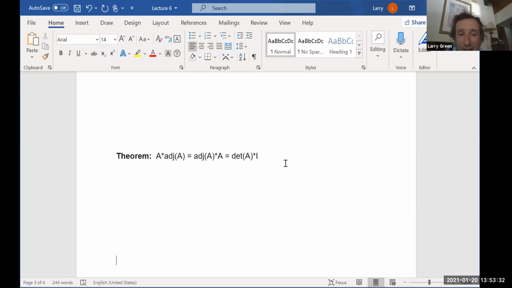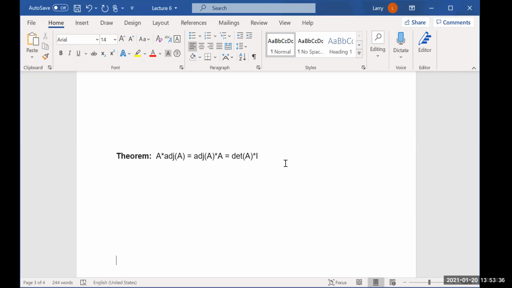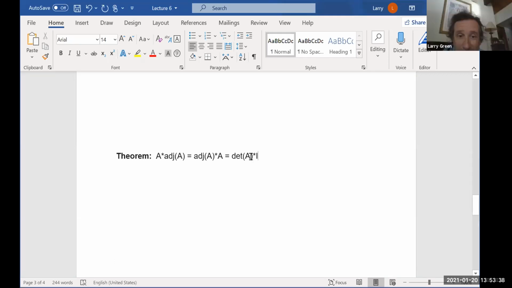On the right-hand side, if you divide by the determinant of A, you get I, right? Because we have determinant of A times I. If you divide that by the determinant of A, you just have I left over. But that tells us, in particular, that if we divide by the determinant of A, then A times 1 over the determinant of A times the adjoint of A is the identity.